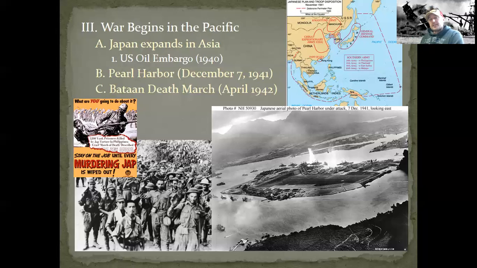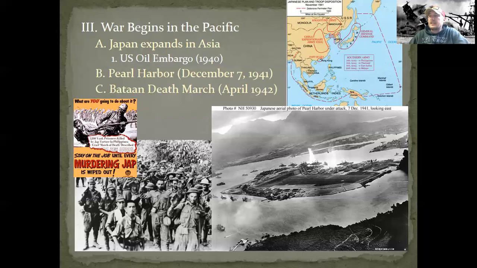Moving on to letter C, the Bataan Death March. The exact same day that the attack on Pearl Harbor was launched, December 7th, 1941, there were other attacks. In fact, if you listen to FDR's address, he goes through and he lists all the places that had been attacked alongside Pearl Harbor, Hawaii.